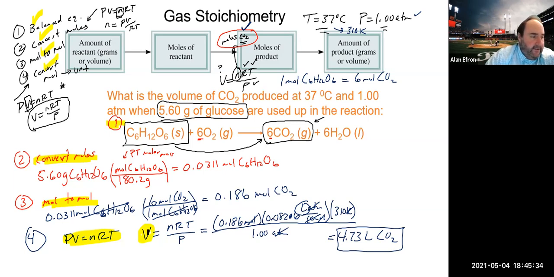Any questions on any of those steps there? And it pretty much means the same thing here. Obviously, if you threw in 5.6 grams of glucose, you would expect that many liters of CO2 to be produced. It technically would also be your theoretical yield of CO2 in this reaction, right? Also, this is a basic stoichiometry problem, which tells us that in this particular reaction, glucose is the limiting reagent and O2 would be the excess reagent.